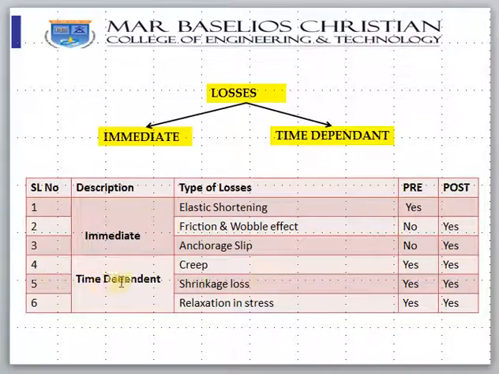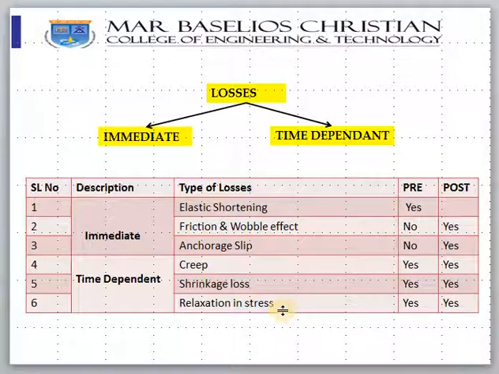And time dependent losses mean the losses happening over a course of time. It is mainly 3 types, and this will happen irrespective of what mode you are doing. It will happen for pre-tensioning and post-tensioning also. Those are loss due to creep, loss due to shrinkage, and loss due to relaxation of stresses.